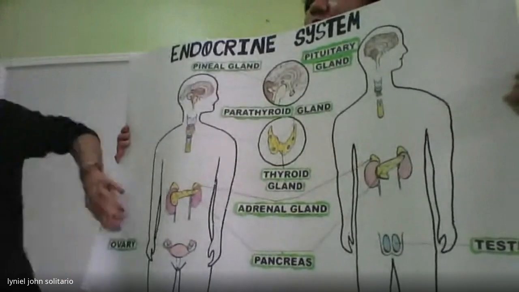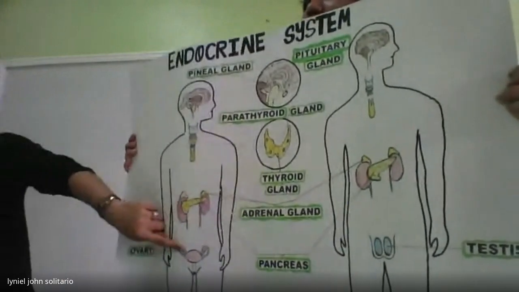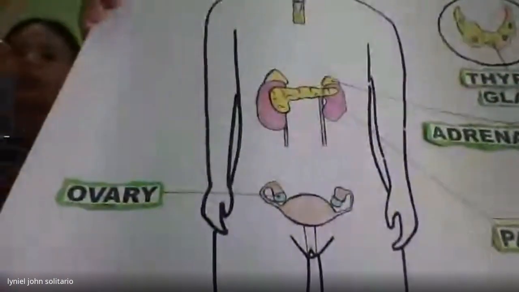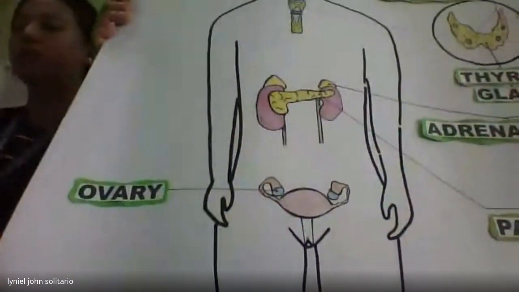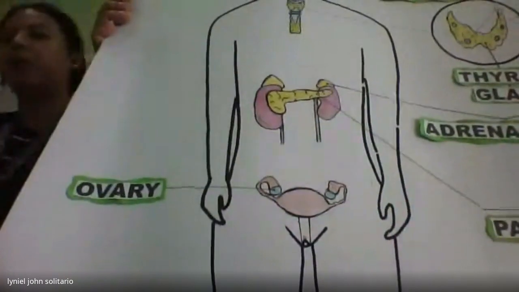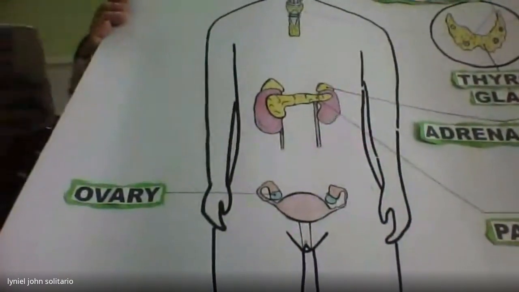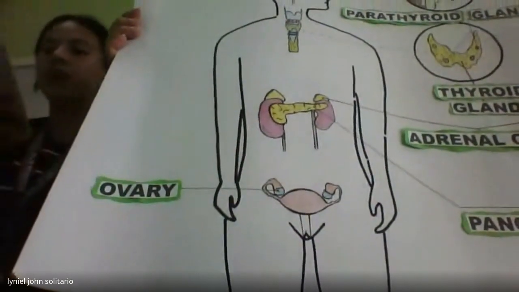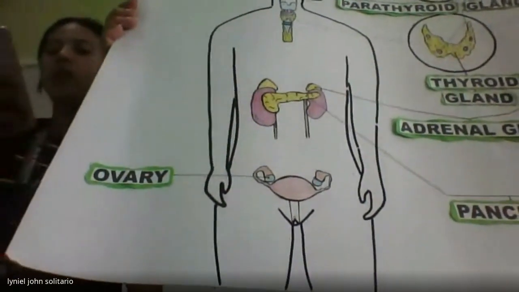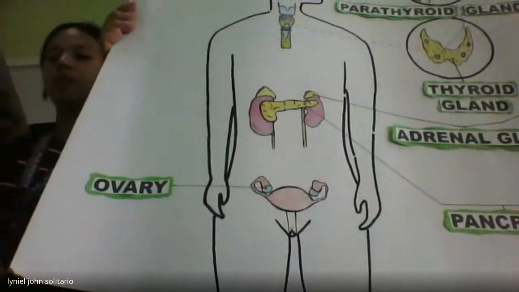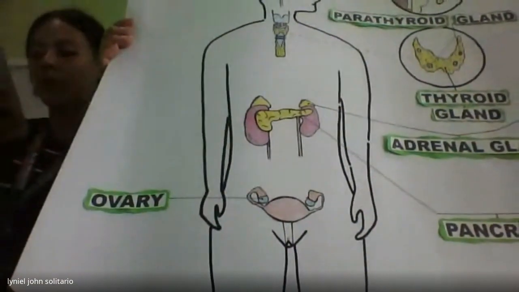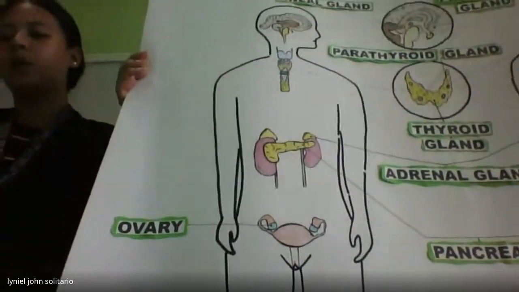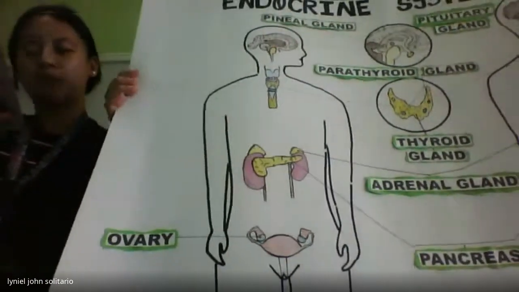The ovary, in women: a woman's ovaries are located on both sides of the uterus below the opening of the fallopian tubes, the tubes that extend from the uterus to the ovaries. The ovaries produce female sex hormones, estrogen and progesterone, and release eggs for reproduction. They also play a role in the menstrual cycle.